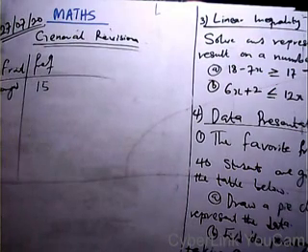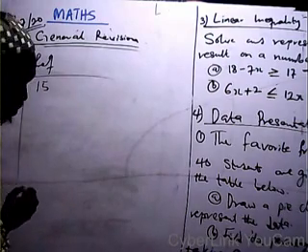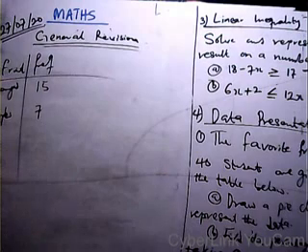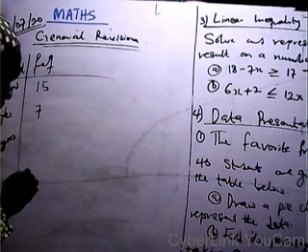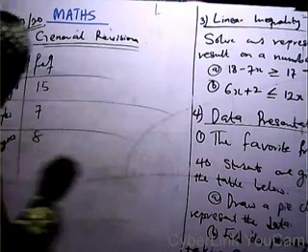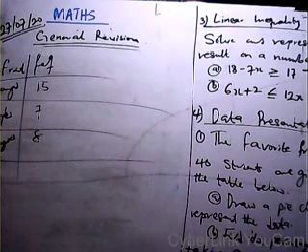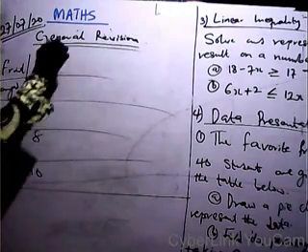Under the apples, we have 7. Under the mangoes, we have 8. Then under the grapes, we have 10. That is our frequency.